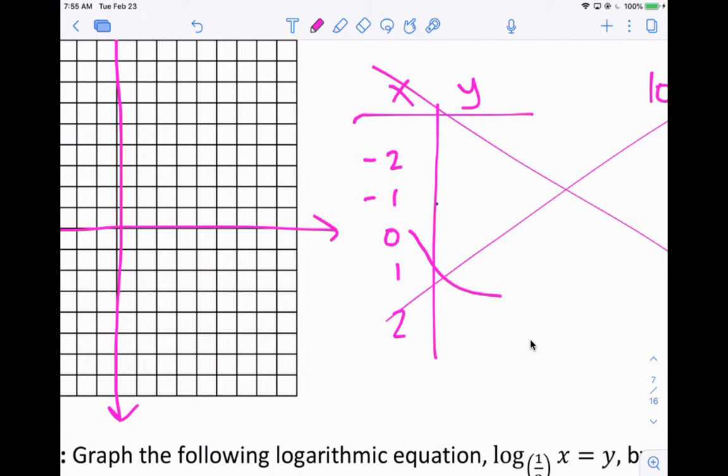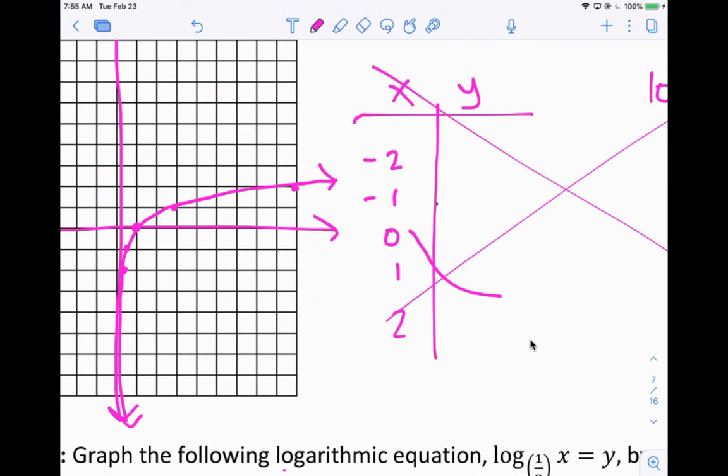We have out just an itty bitty little bit and down 2. Out 1/3, down 1. Out 1 and up nothing. Out 3 and up 1. Out 9 and up 2. And we see this beautiful log function.